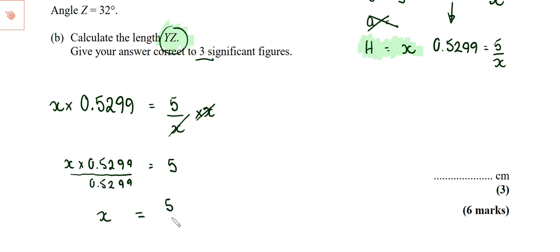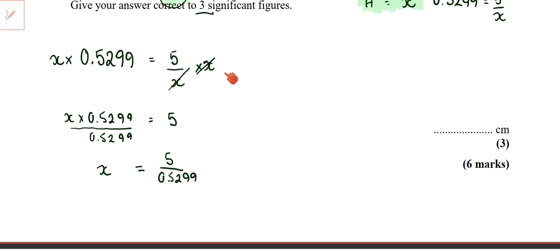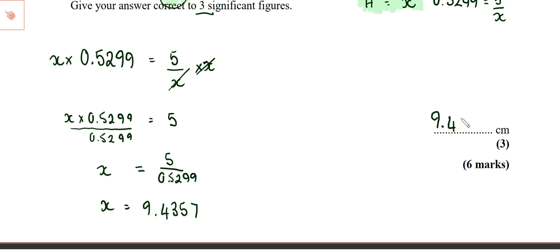On this side, we have to do 5 divided by 0.5299, and we get the answer 9.4. And finally, I needed 3 significant figures, so my answer would be 9.4. Can you spell that?